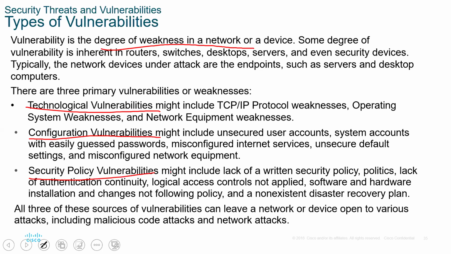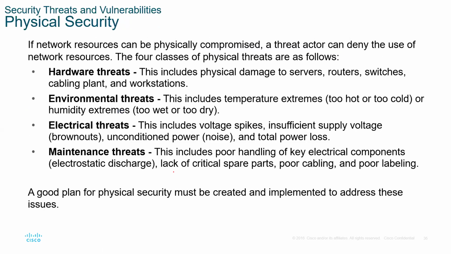Then the third one is organizational weaknesses. We call it security policy vulnerabilities, which may include lack of written security policies, or authentication continuity. We could just call it administration.